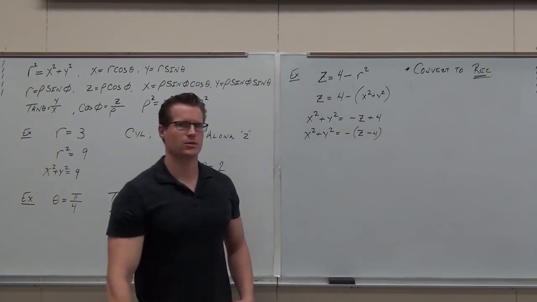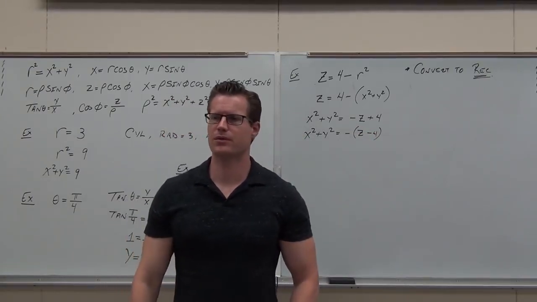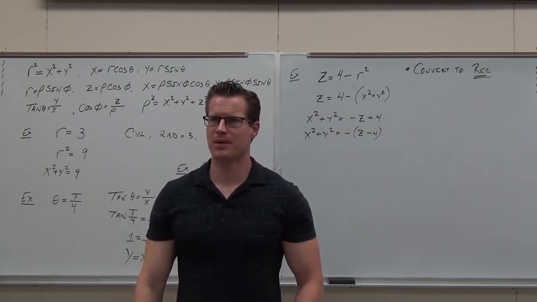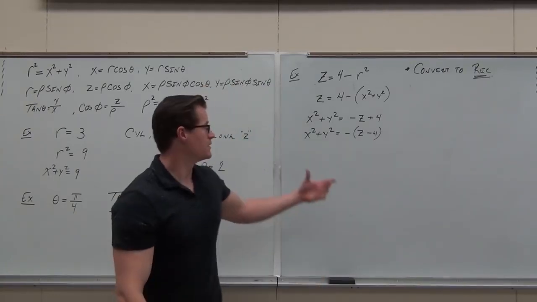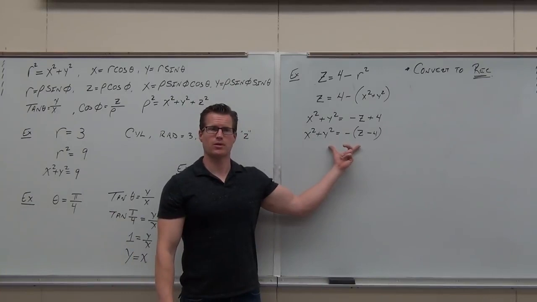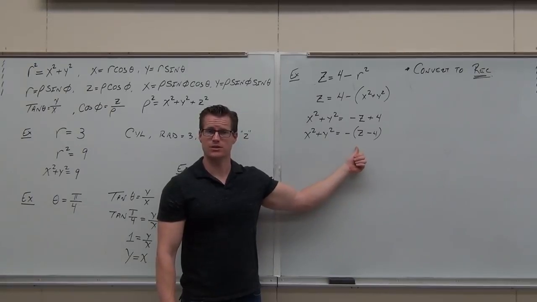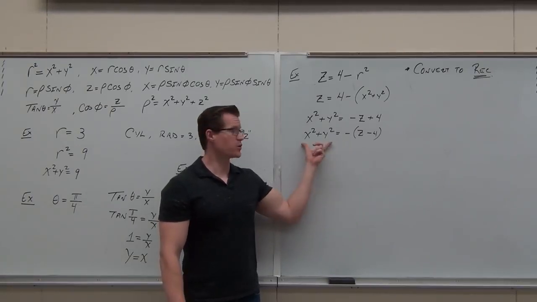I'd factor it so it looks like something we started our day with. Do you remember that shape at all? It's obviously a surface. This is either a paraboloid or a hyperbolic paraboloid. Why? How many squares have you got? Two of them, and you have one that's not squared, but these are both pluses.